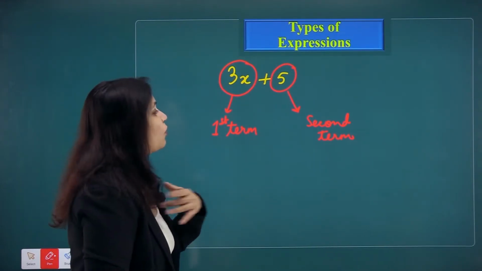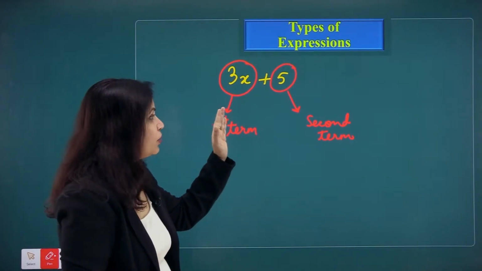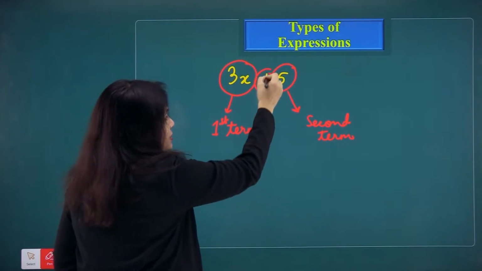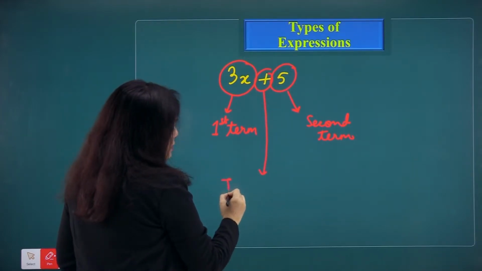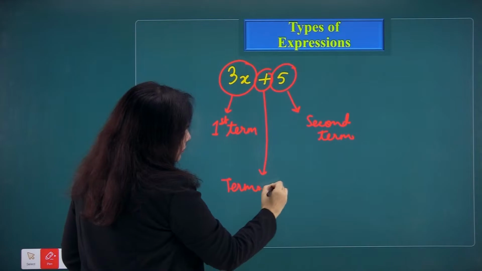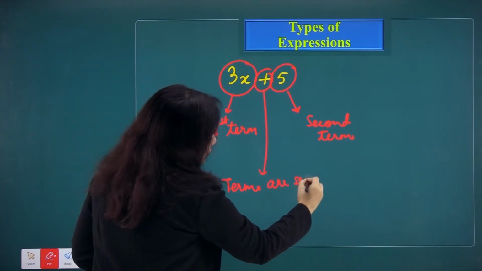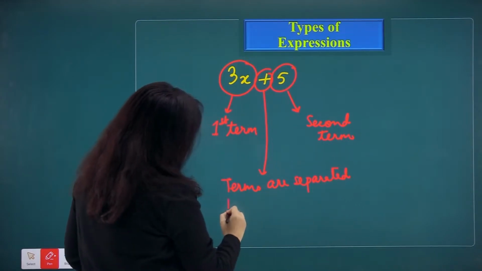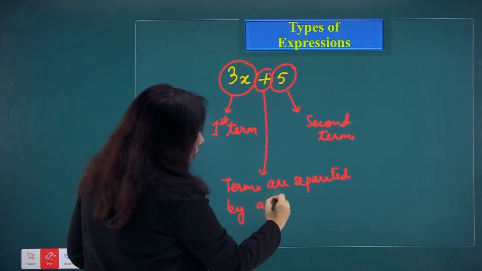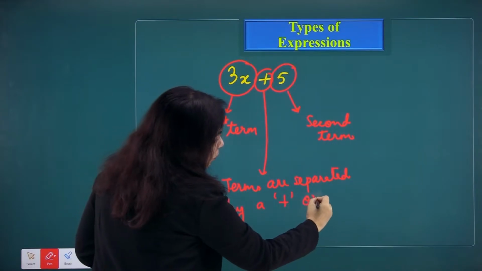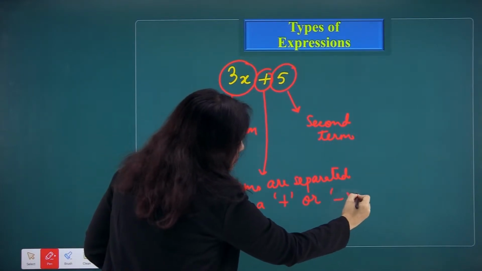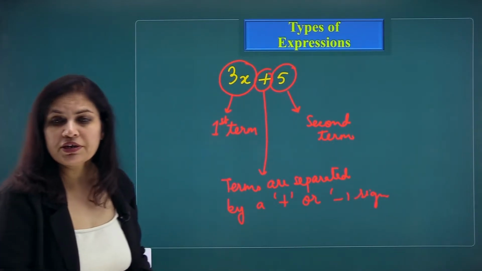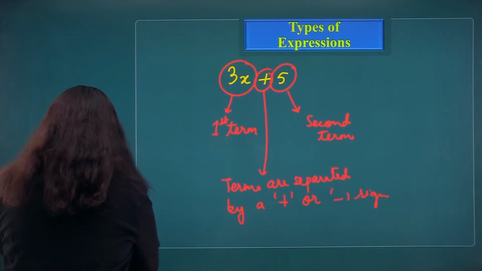Now, why do we call them first term and second term? How do we know that these are the two separate terms? This plus sign. So terms are separated by a plus or a minus sign.